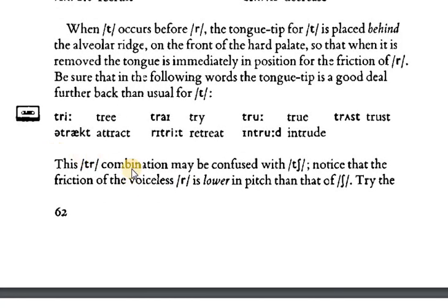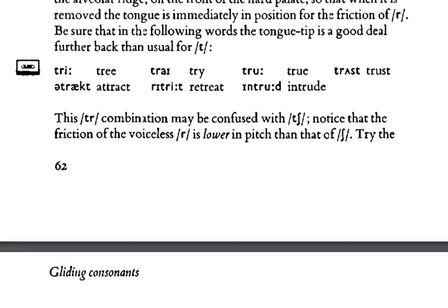This T-R combination may be confused with CH, and sometimes some words which have T-R may be pronounced as CH. Note that the friction of the voiceless R is lower in pitch than for SH. I know that the friction of R is of course less than the friction of SH, considering that SH is one of the friction sounds.